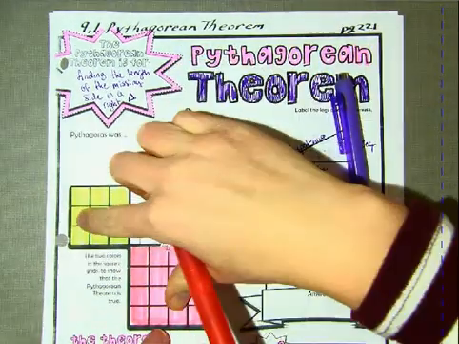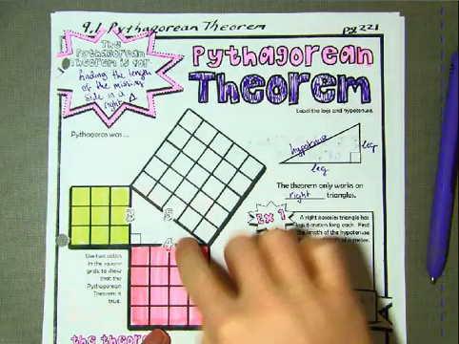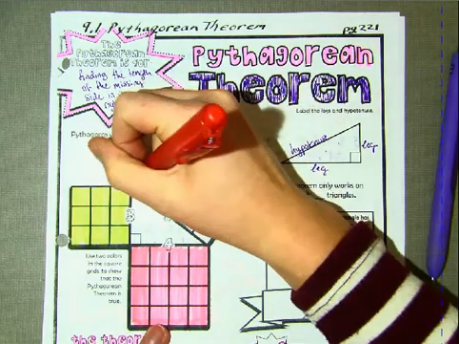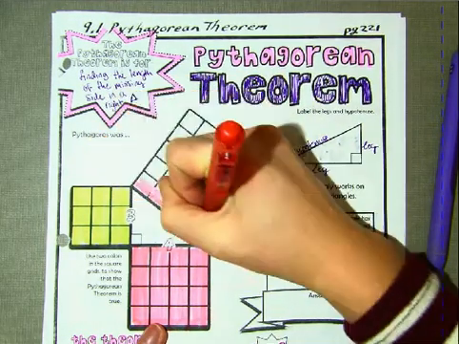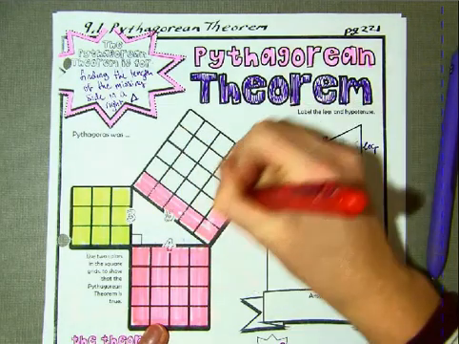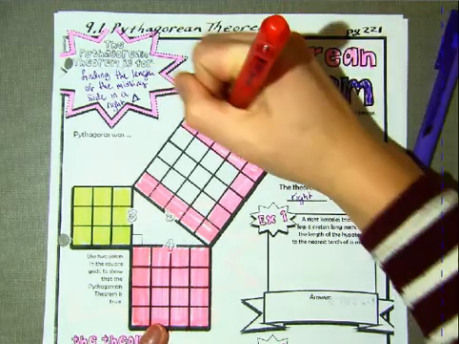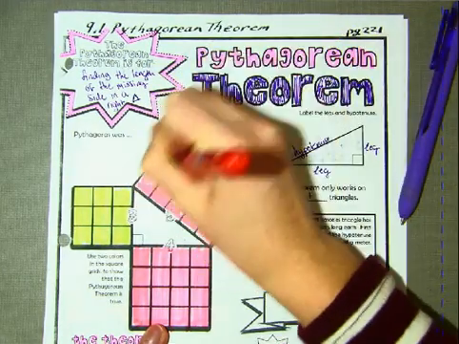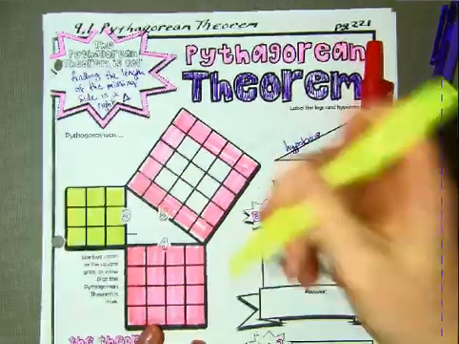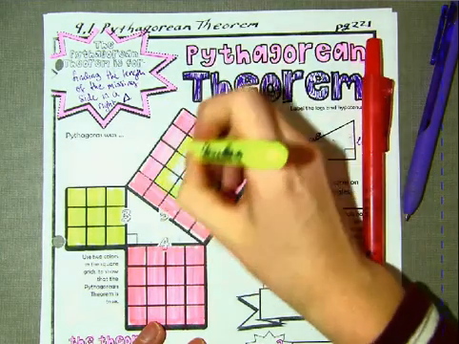If we add these two squares together, that's going to equal our hypotenuse squared. So I have 16 squares here, and I have 16 squares in this square. And then I have 9 squares here, and 9 squares in this square.